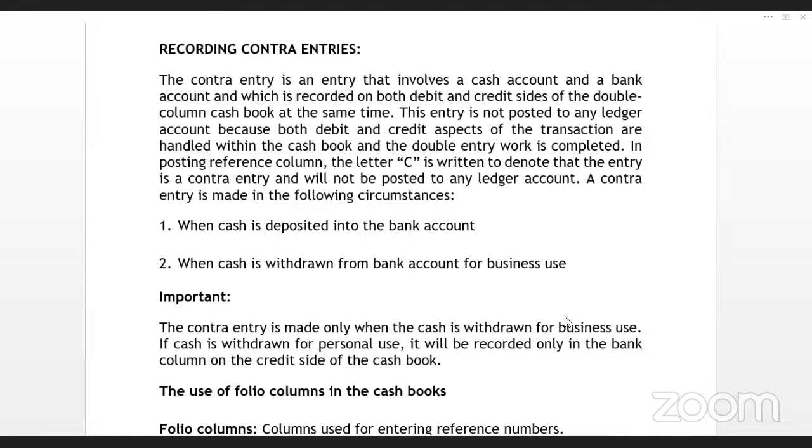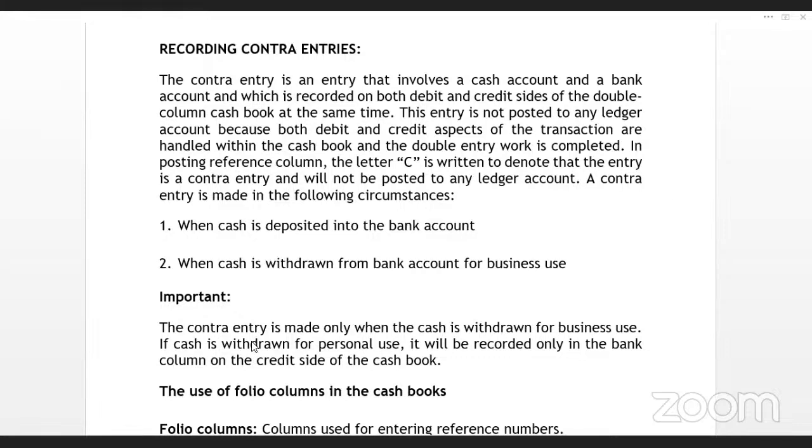Then when cash is withdrawn from bank for business use, that is also an example of a contra entry. Your cash and the bank columns will be affected in the cash book.